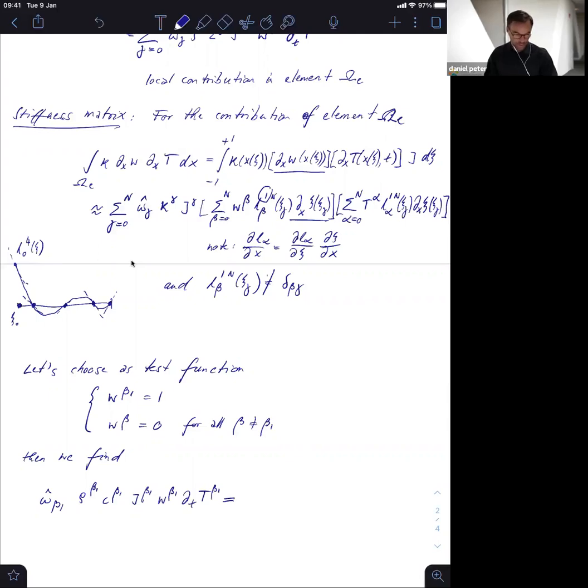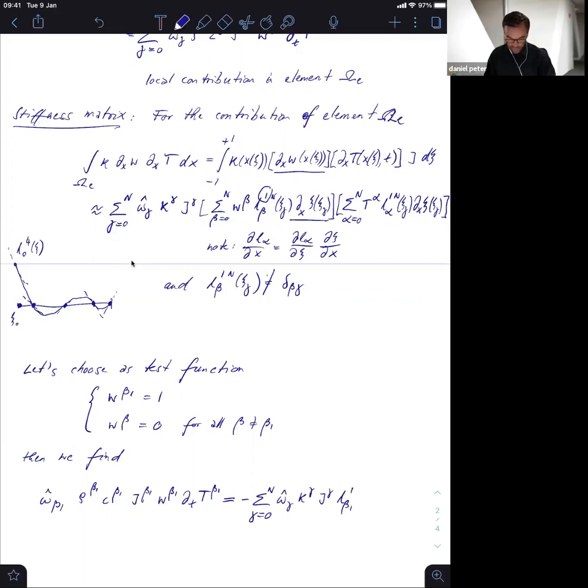On the right-hand side, now we have to keep these summations. So we have the capacity, Jacobian, and now the test function polynomial.